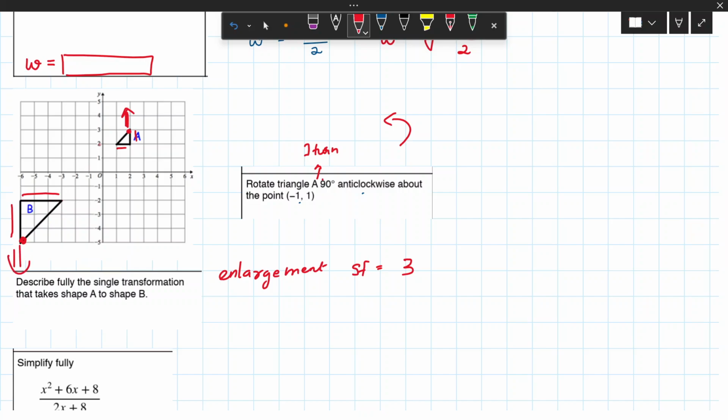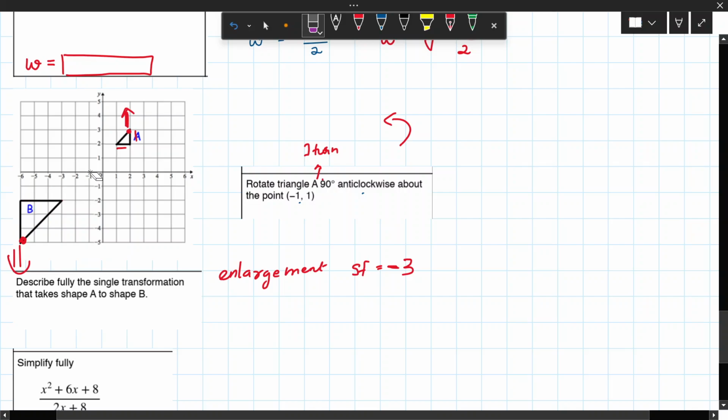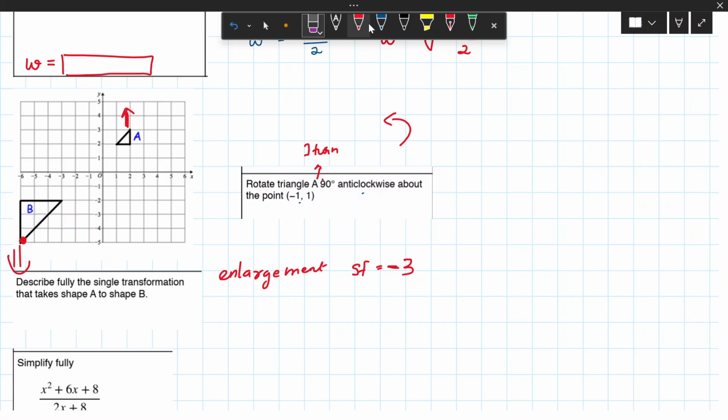So it did become bigger, however, what was facing upwards now became downwards. So it is an enlargement by a scale factor of -3 because of the change of orientation. It was initially facing upwards, it became downwards, so there has been a change in orientation. So it's a negative enlargement.